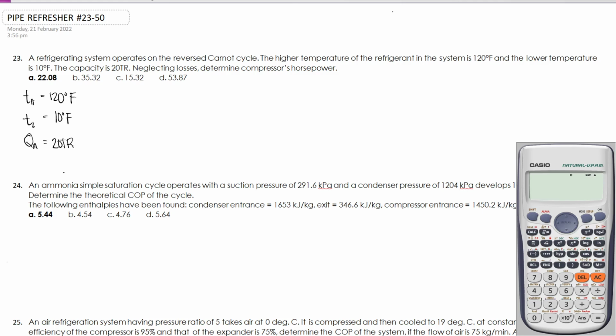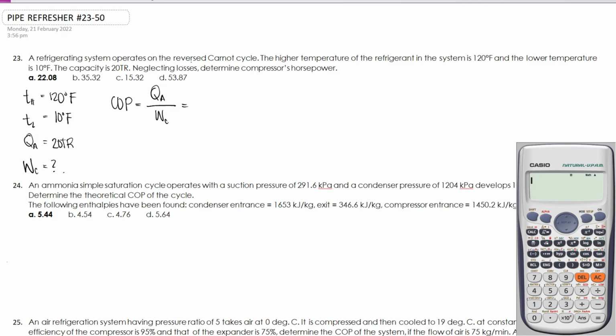So neglecting losses, hinahanap sa problem na ito is the compressor's horsepower or yung work input to the compressor. So for this reverse Carnot cycle, para makuha natin yung work, gamitin natin yung formula ng COP. Generally, ang formula ng COP is equal lang to QA over work input ni compressor.